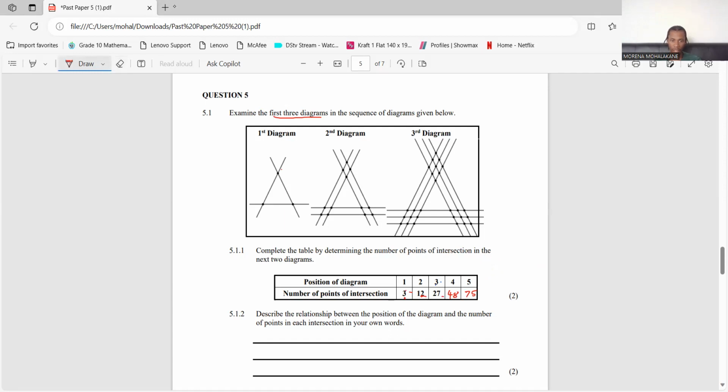Now, what I know is that the position is squared and multiplied by 3, right? That's the relationship we have there.